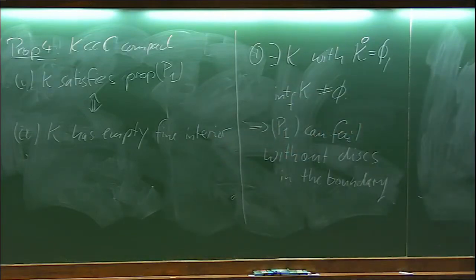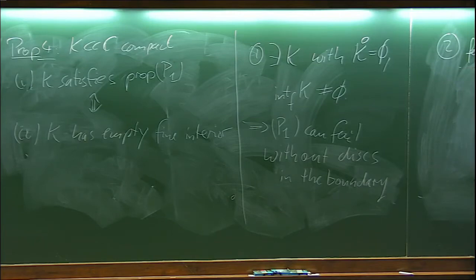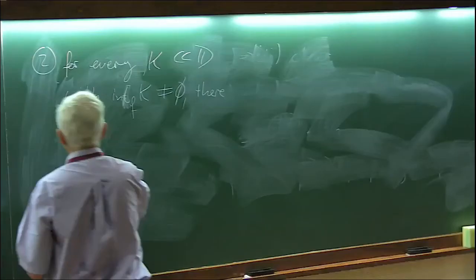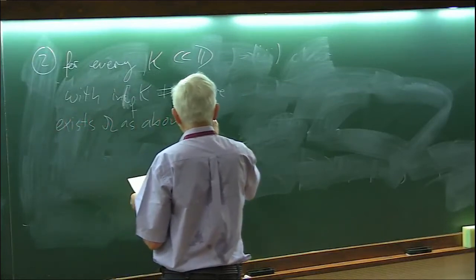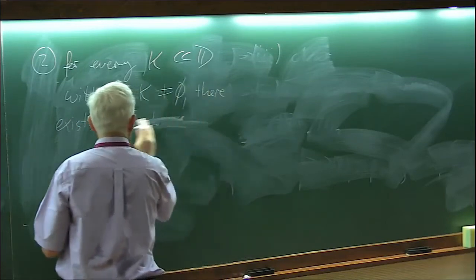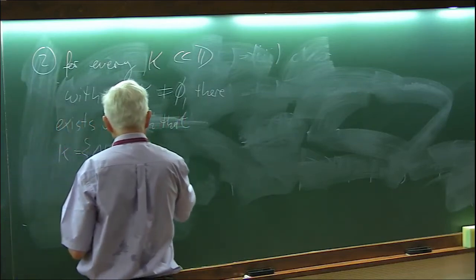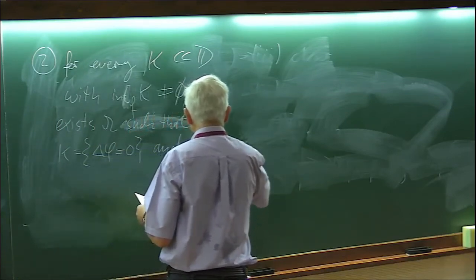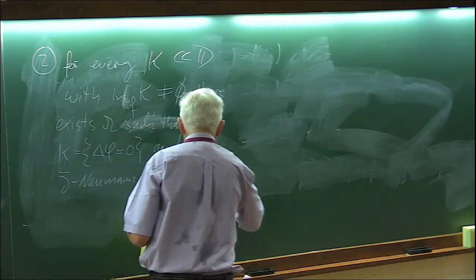Second example, one can show for every K in C, or if you want in the unit disk, it doesn't really matter, with non-empty fine interior, there exists omega as above such that K, the set where the Laplacian of phi equals 0, and the Dbar-Neumann operator is not compact.